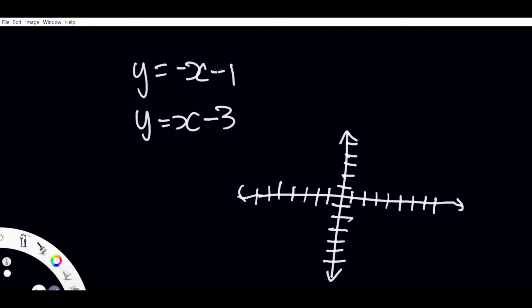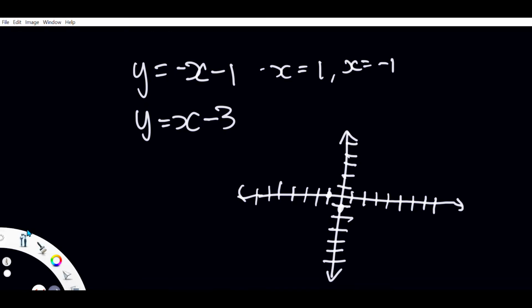To find the x-intercept for this one, we substitute y with 0 to get 0 is equal to negative x minus 1, so negative x is equal to 1, and x is equal to negative 1. So the x-intercept is (-1, 0). Similarly, to find the y-intercept, substitute x with 0 to also get the y-intercept as negative 1.